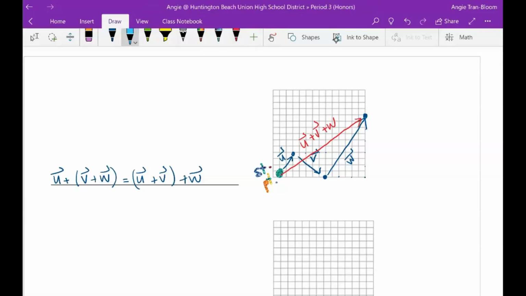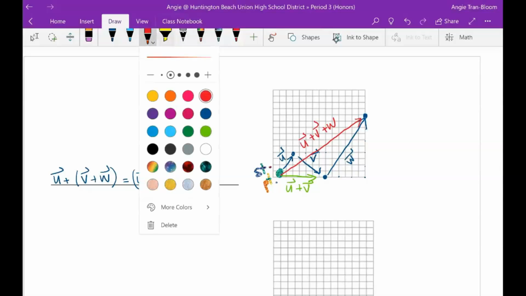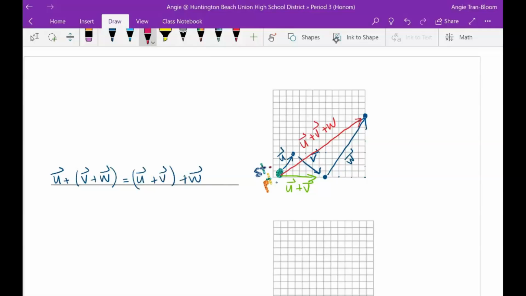Okay. Now we get a different color pen and go over this. This green one is where U plus V is. Okay. Now I'm going to use another color to demonstrate where V plus W is.